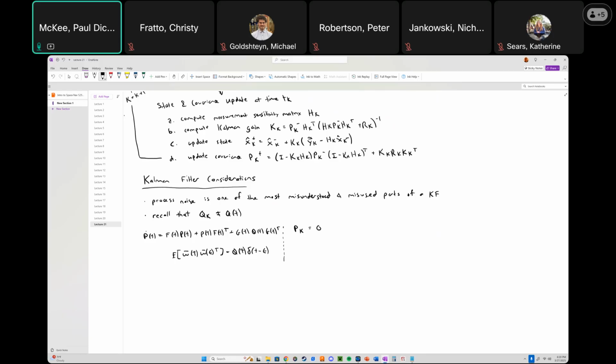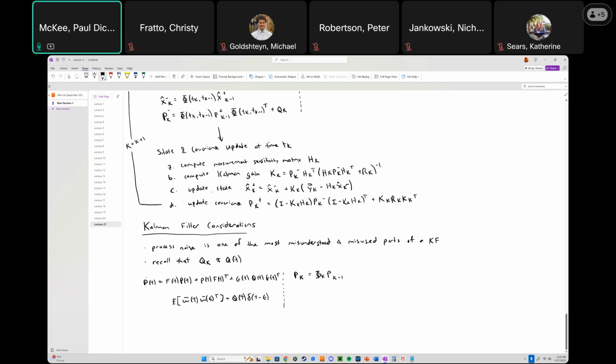We also said that Pk is phi k Pk minus 1 phi k transpose plus Qk, where Qk is the integral from t k minus 1 to t k of phi from epsilon to t k, G of epsilon, Q of epsilon, G of epsilon transpose, phi from epsilon to t k transpose, d epsilon.